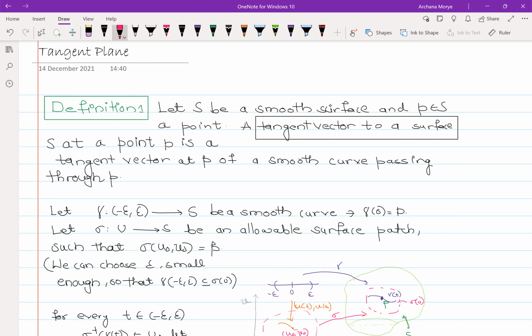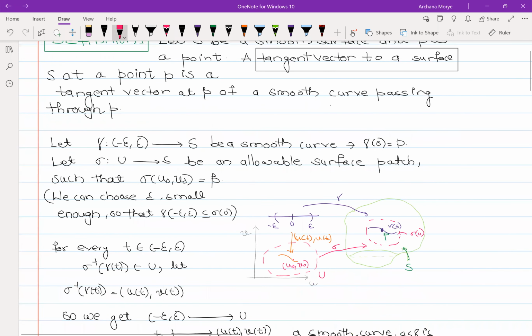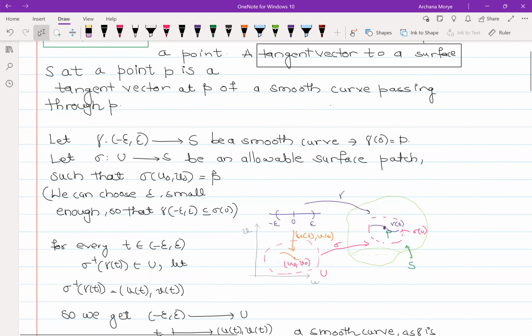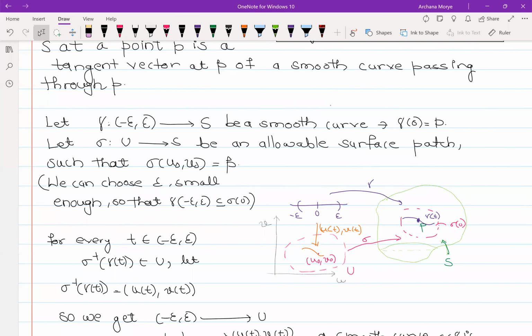So we are looking at the tangent plane at a point P. If there is a smooth curve which passes through that point, we will write down its tangent. But in this case, I need to say certain things. Do you know what smooth curves inside R3 are?